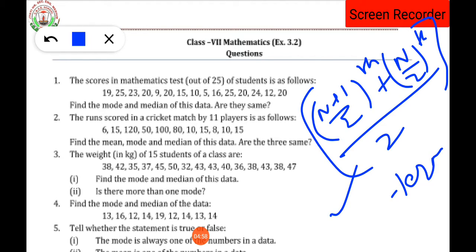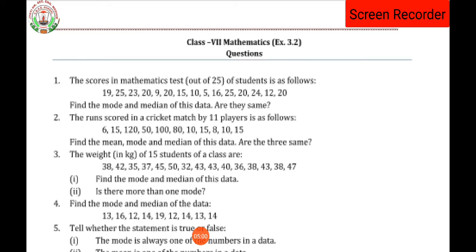Generally this median formula method is used in higher classes. But for your convenience you can use either method. After arranging the data you can find the central term, or you can use the formula method. Both answers come the same, so it depends on you which method you use. Whichever method you feel is easy, you can use that.